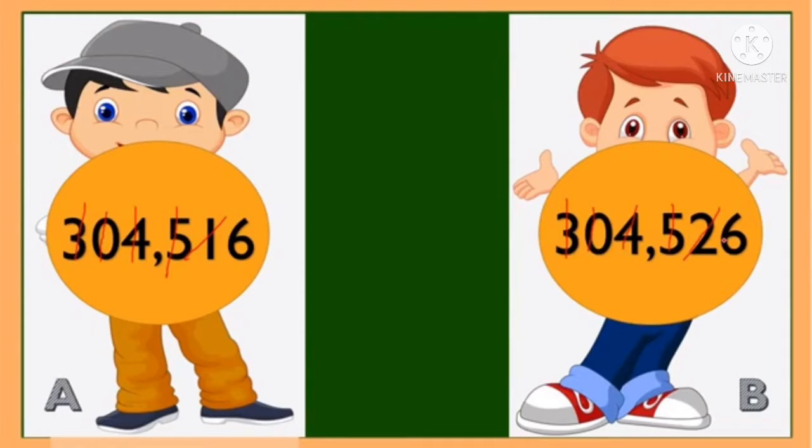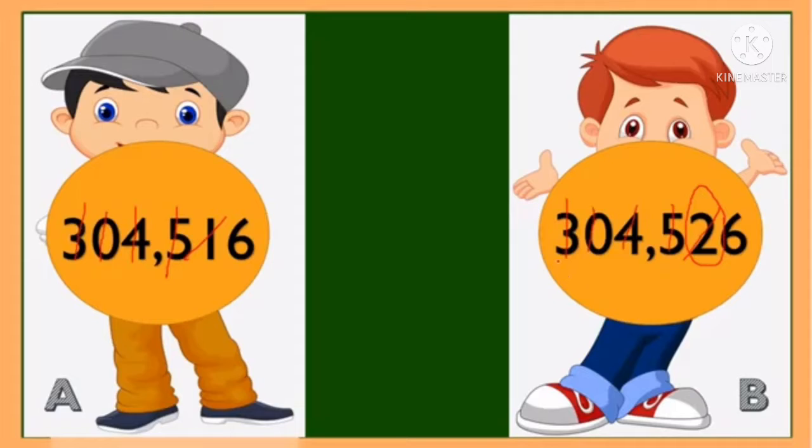Then, after knowing the two digits that we will use, let us identify which is the greater number among that one. So, which is greater? Is it 1 or 2? It's 2, of course.